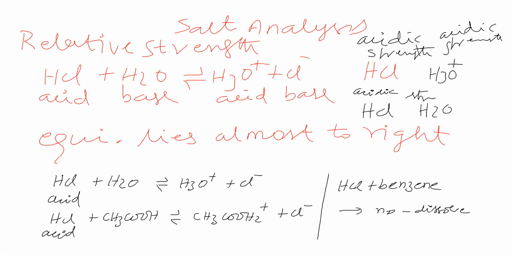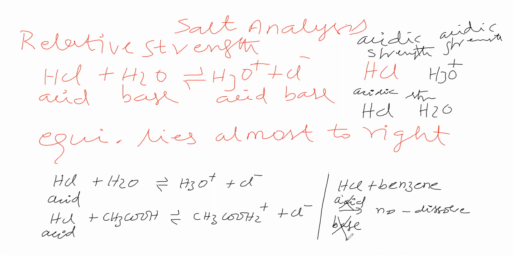So HCl neither donates H plus to benzene nor takes H plus from benzene. Therefore, it is neither an acid nor a base. We can't say HCl is an acid in benzene because HCl is not mixing with benzene.